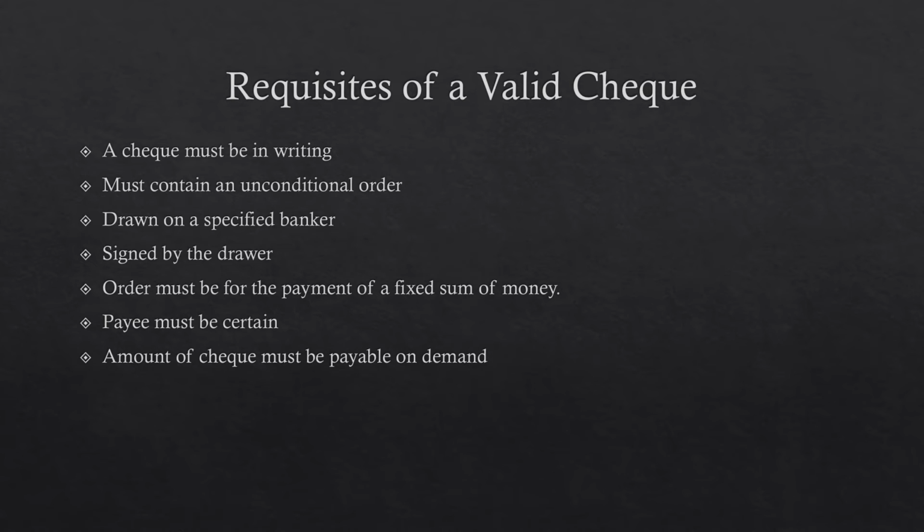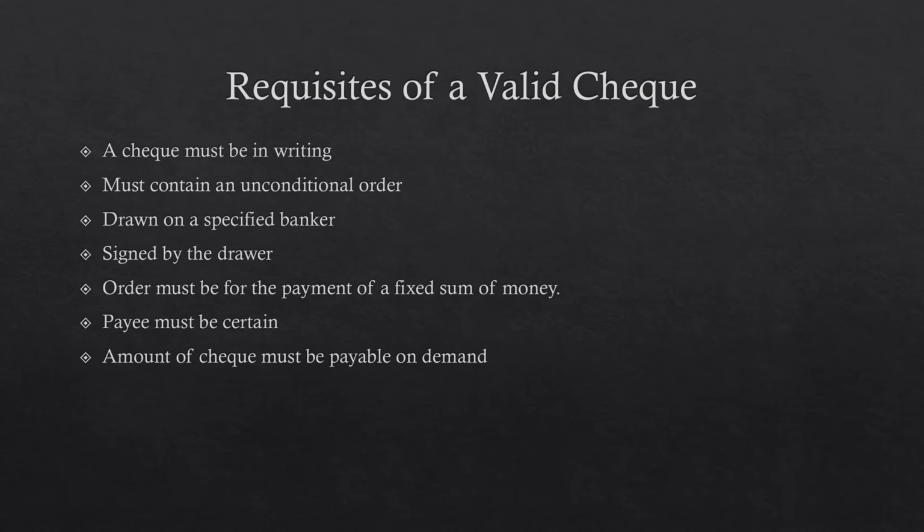Now, coming to the essential features of a valid check, the first feature is that the check must be in writing. Whenever we are approaching the bank with a check, it should be in writing. And the writing may be by means of a pen, typewriter, or even a printed character. Writing the check with a pencil is not always permitted.